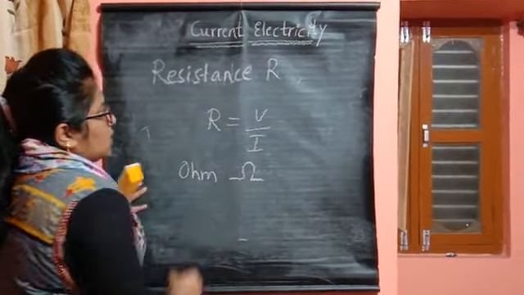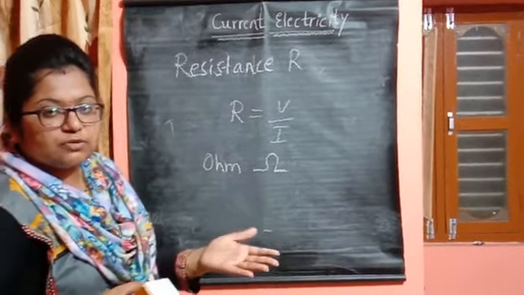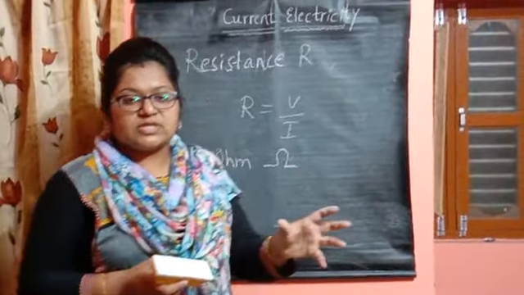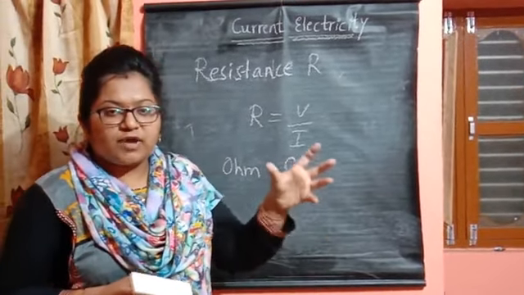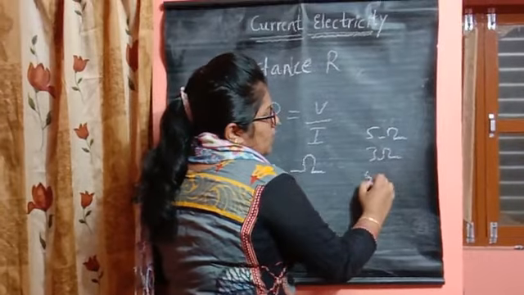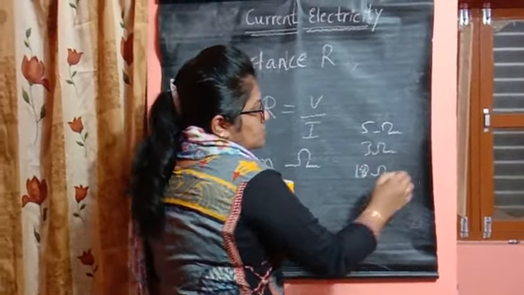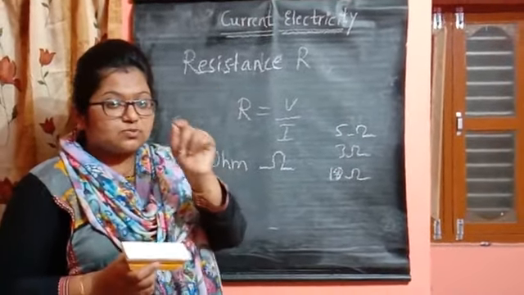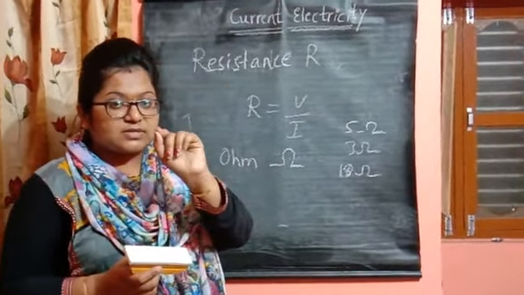Whenever you say a device has this much resistance, we write 2 ohm, 3 ohm, 5 ohm, 10 ohm, like this. There is one apparatus in our lab, the resistor. A particular resistor has a particular resistance, so we can denote the resistances like this.